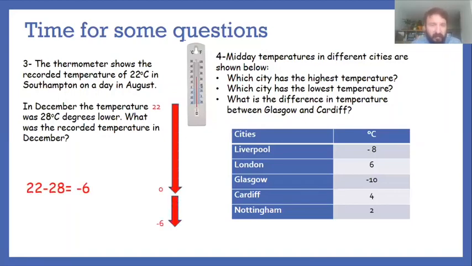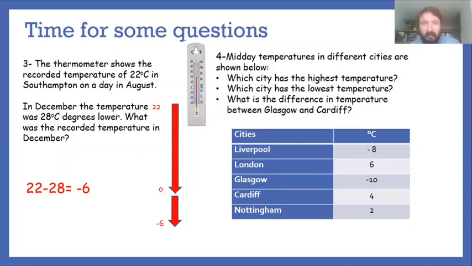So I'm going to start with my 22 and take myself down to 0. So that will be 22 taken away from the 28, which leaves us 6 left. And then we're going to count from 0 down to -6, giving us the answer of -6 degrees in December. Okay, hopefully you got that. Give yourself a tap on the back if you did.